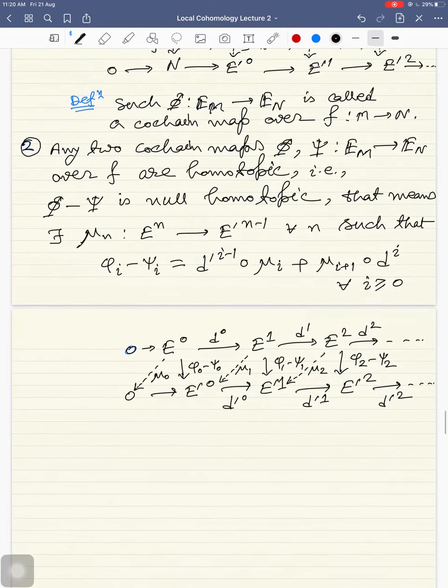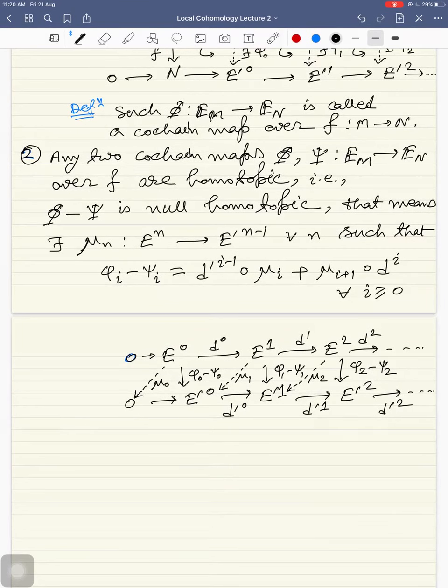So it is a bit complicated, but the main idea is that when two maps are homotopic, their difference is null homotopic. That means if you have such a collection of maps such that coming this way is the same as coming this way plus coming this way, then both the quotient maps phi and psi induce the same morphisms on the cohomology level.